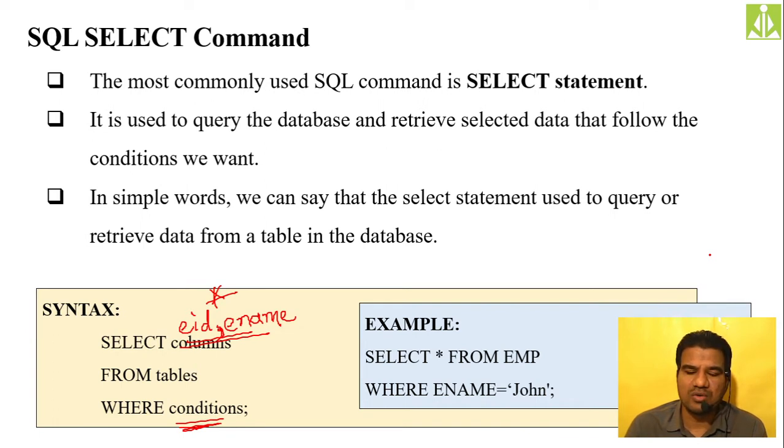First it will retrieve all the rows, and from those rows it will select only the rows which are having John as employee name. Okay, in that way it will select and filter the rows.